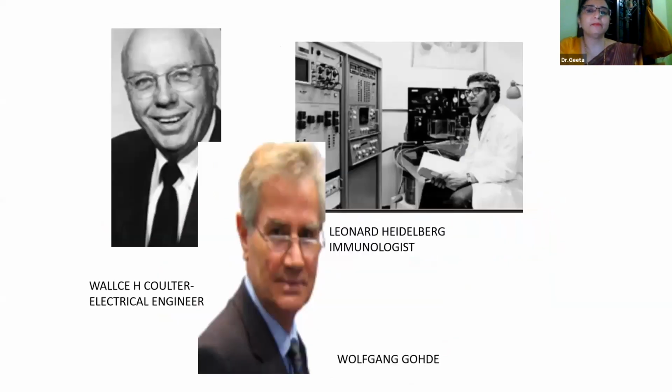And a minute to remember these two gentlemen also: Leonard Herzenberg, who was an immunologist and constructed the first flow cytometer, and Wolfgang Goehde, who started the first clinical application by doing the CD4/8 analysis in HIV/AIDS patients in Africa.